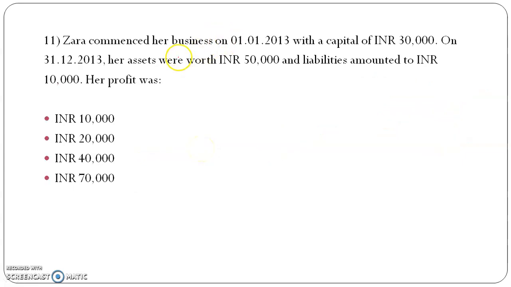Next, Zara commenced her business on 1 January 2013 with a capital of rupees 30,000. On 31 December 2013, her assets were worth rupees 50,000. So you can see that she started with a capital of 30,000 and her assets were 50,000 and liabilities amounted to 10,000. So that means what?